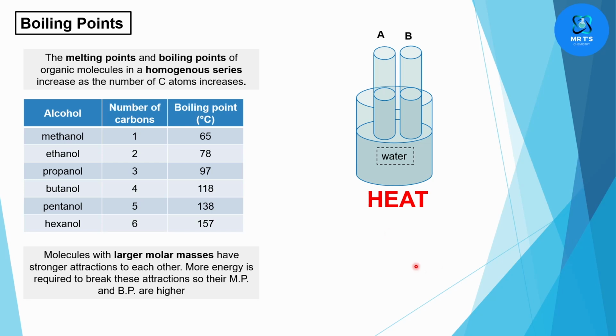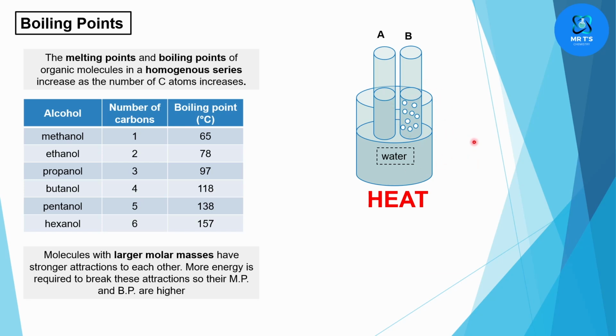Well, if I start to heat this water, so this is colder tap water, as I heat the water up, the sample that boils first is the sample that boils at a lower temperature, and that is the sample that has the weaker attractions and the smaller molar mass, and it will be the smaller molecule. So the smaller molecule will start to bubble or start to boil first.